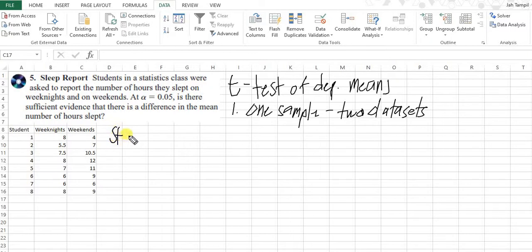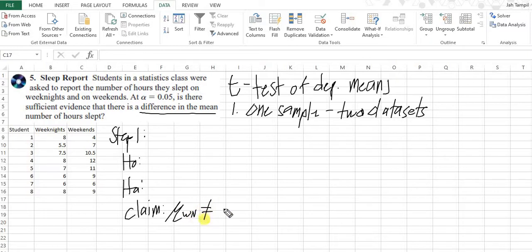Let's first do step 1, which is to state our H0 and our HA, and we do that by checking our claim. And the claim is, is there a difference in the mean number of hours slept? So that means the mean on the weeknights is not equal to the mean during the weekends, because it says there is a difference.